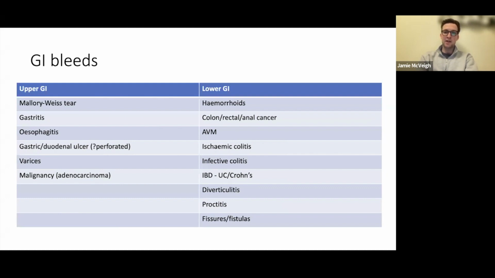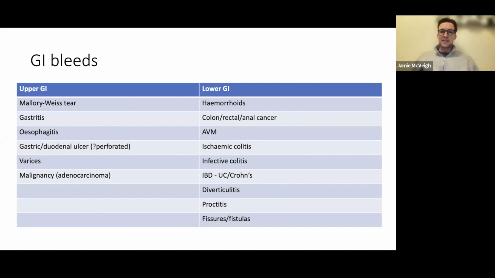You get fresh red blood, but also malignancy, be that the colon, the rectum, or the anus itself. You can get all forms of colitis, so you can get infective colitis, typically from a gastroenteritis, or ischemic colitis from one of the vessels being blocked off from a thrombus or an embolus.